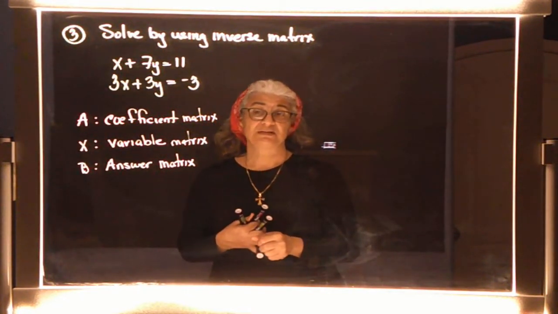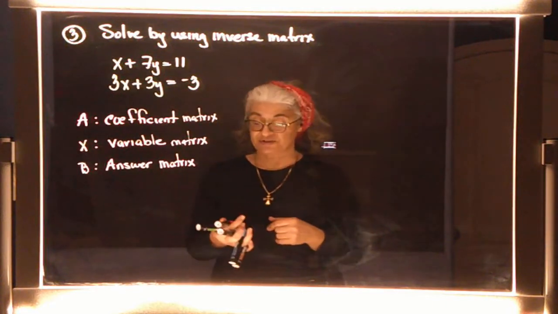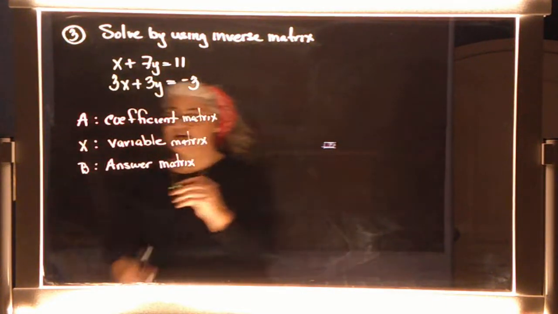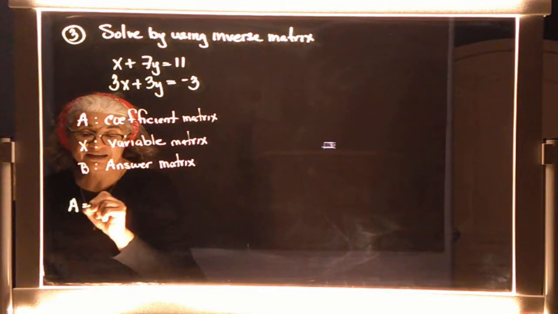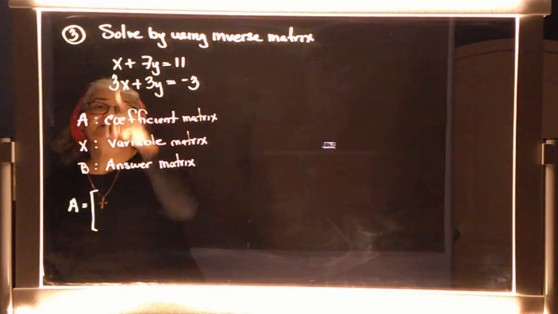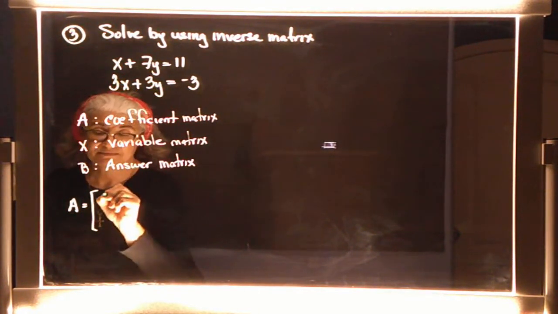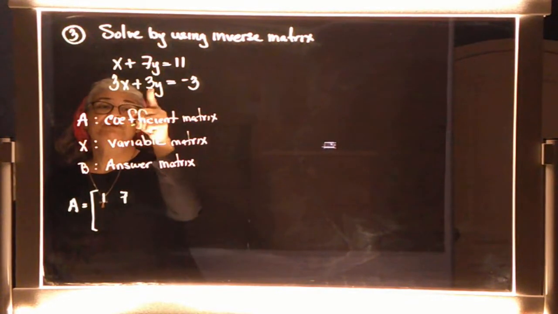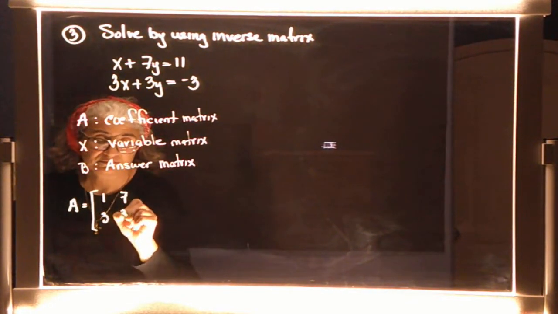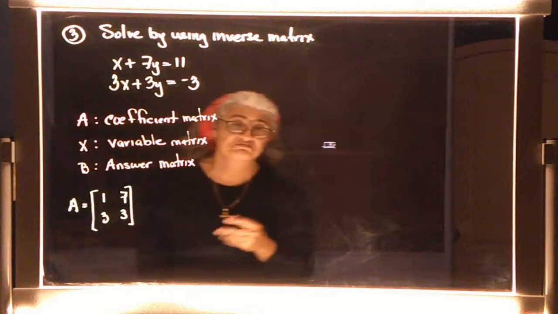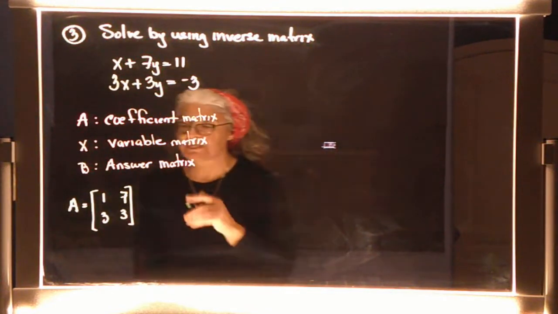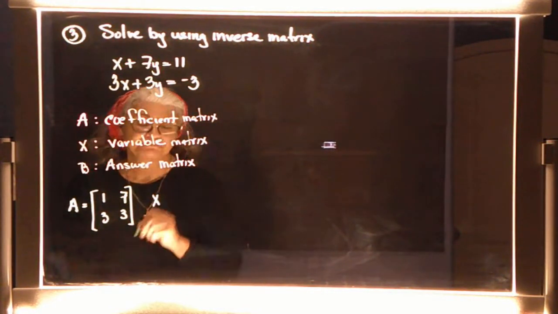With me? So in this particular case, matrix A is going to have 1 and 7 and 3 and 3. It's a 2 by 2. Good? All right. Now matrix X.